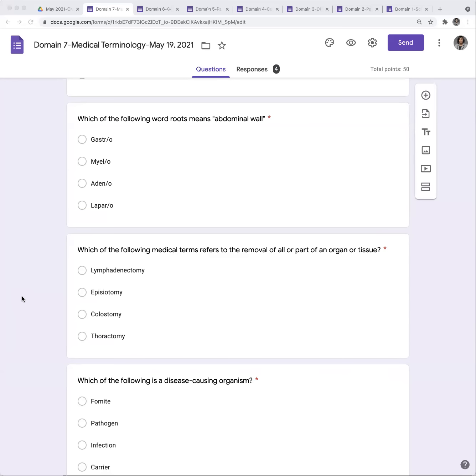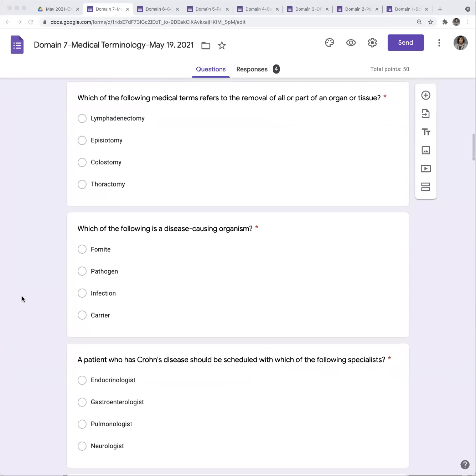All right. Which of the following medical terms refers to the removal of all or part of an organ or tissue? Episiotomy. How do you pronounce that? So here's the thing. The word is removal.